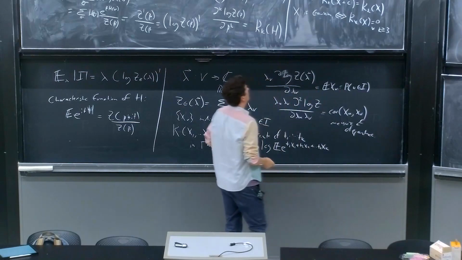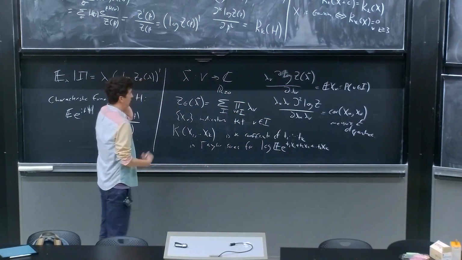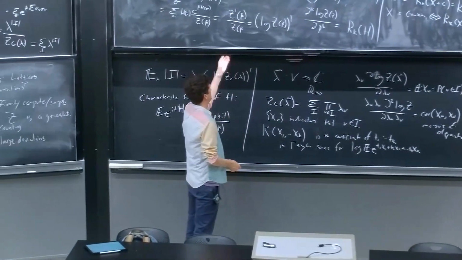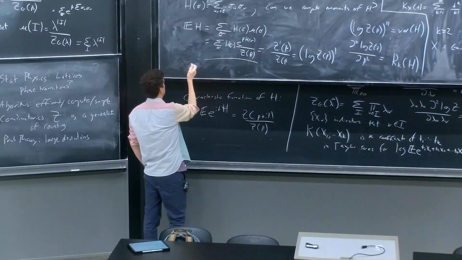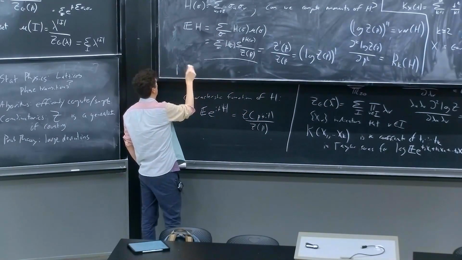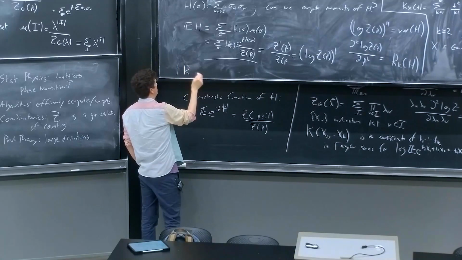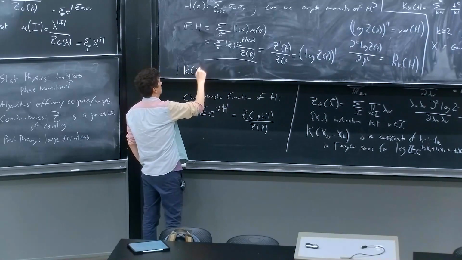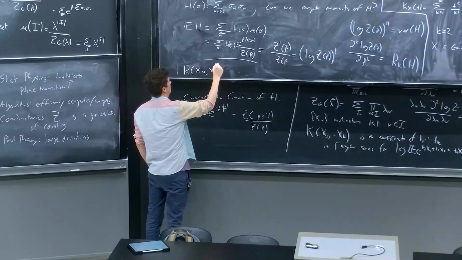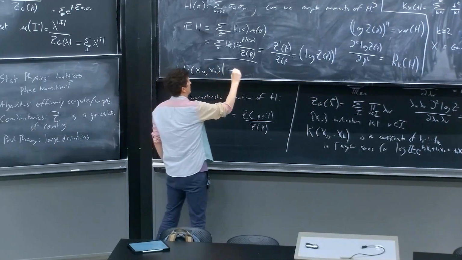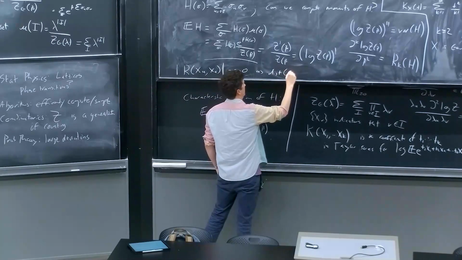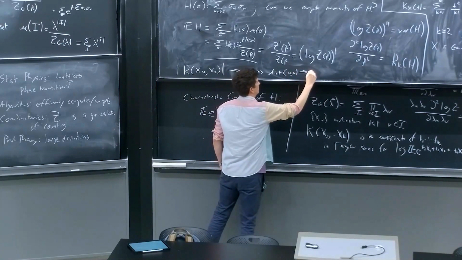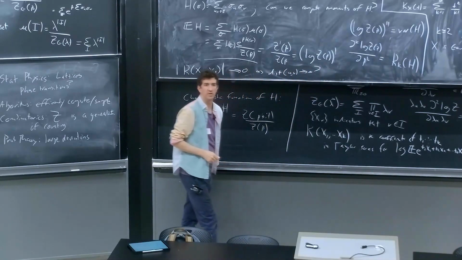And so one way to phrase one of the statistical physics questions is, in your model, does the absolute value of kappa x_u x_v go to 0 as the distance between u and v goes to infinity?